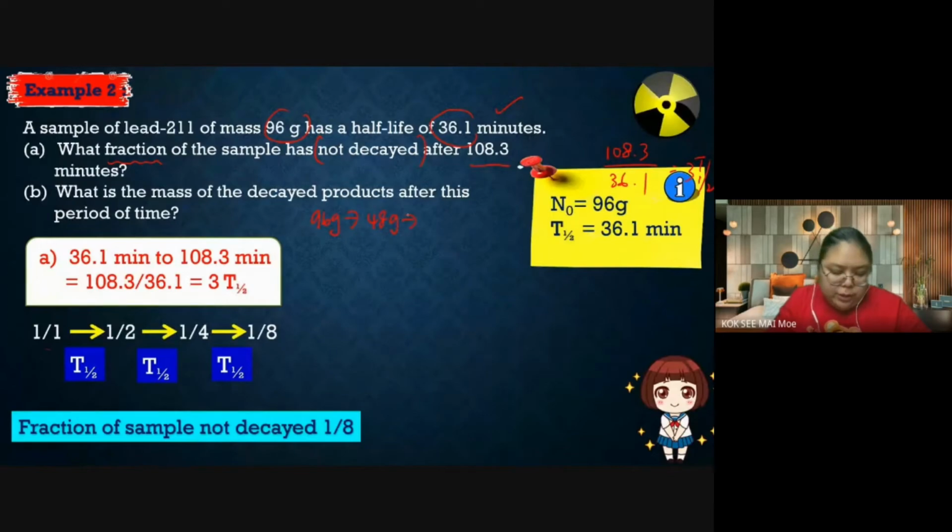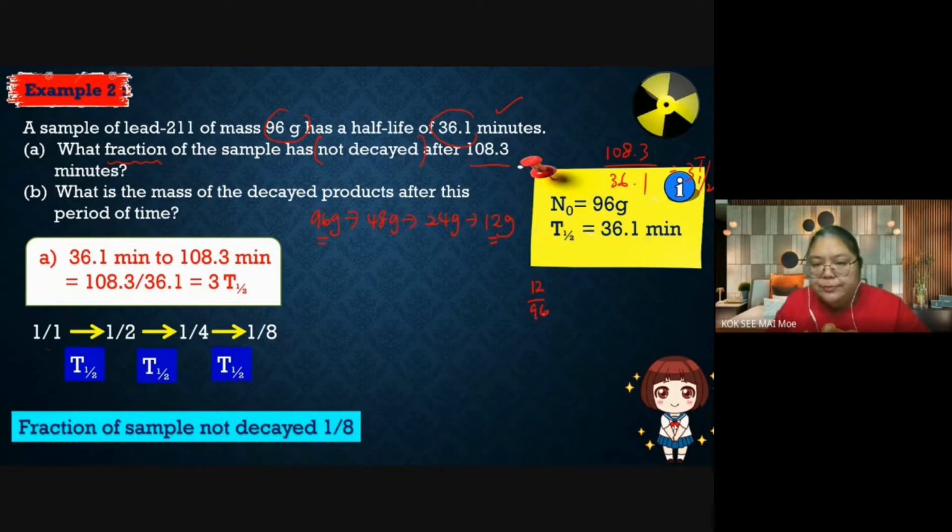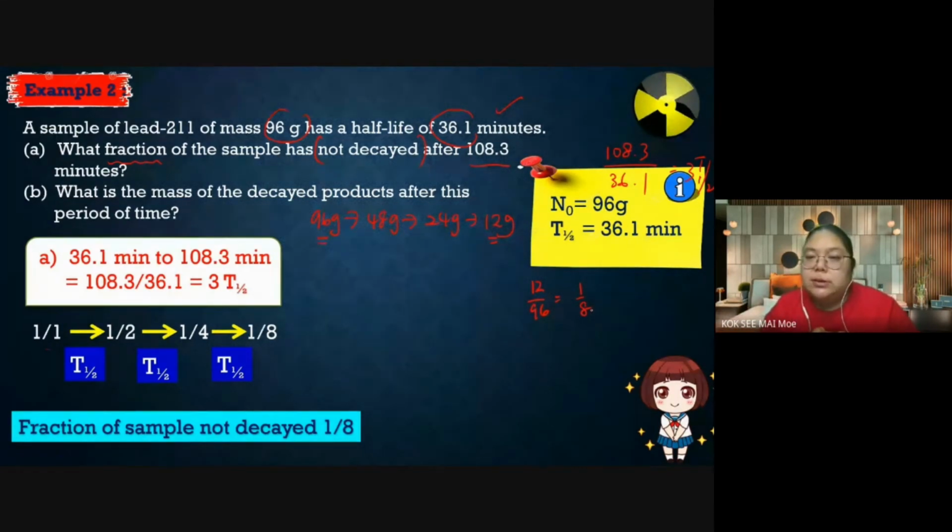Again, 48 divided by 2. 24. Now only 2 half-lives. Continue. Then it becomes 12. So from here, I'm going to take the fraction. 12 over 96. So make it become the smallest one. 96 divided by 12, 8. So it becomes 1/8. This one is the fraction after decay for 108.3 minutes.